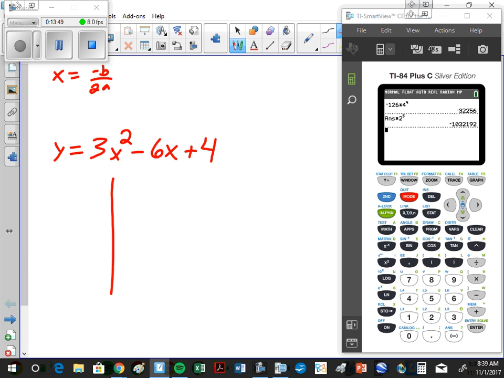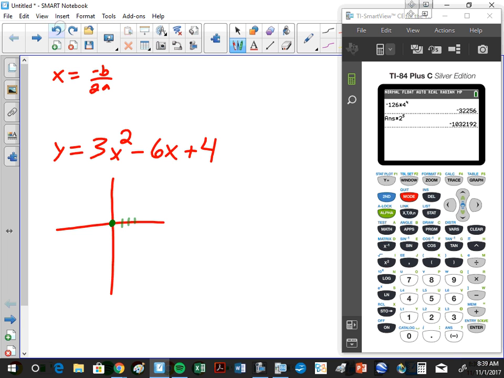Well, we know that this graph is super tall. So up one, over 1, up 3, over 1, up 3, here and here. Okay, and then the plus 4 is going to start us up here at 4. So that will always be the y-intercept.